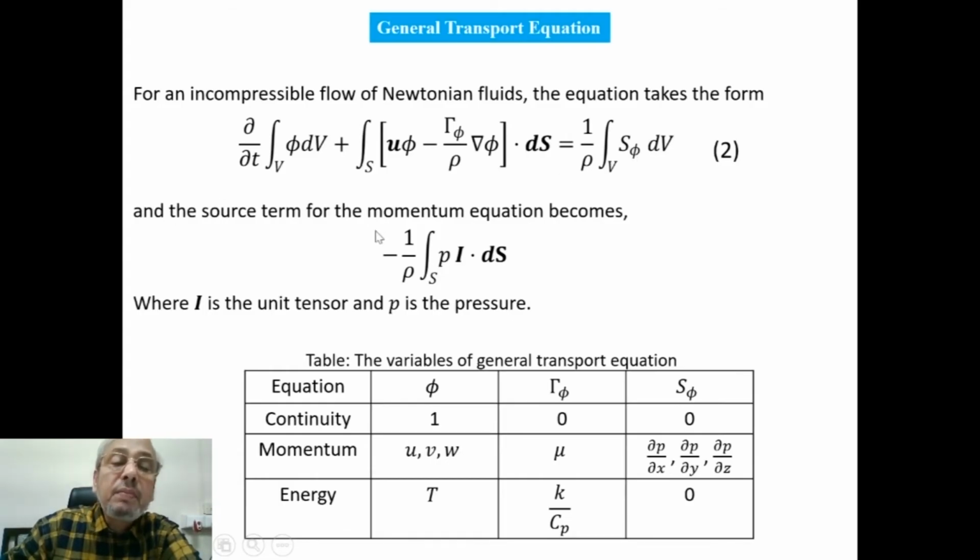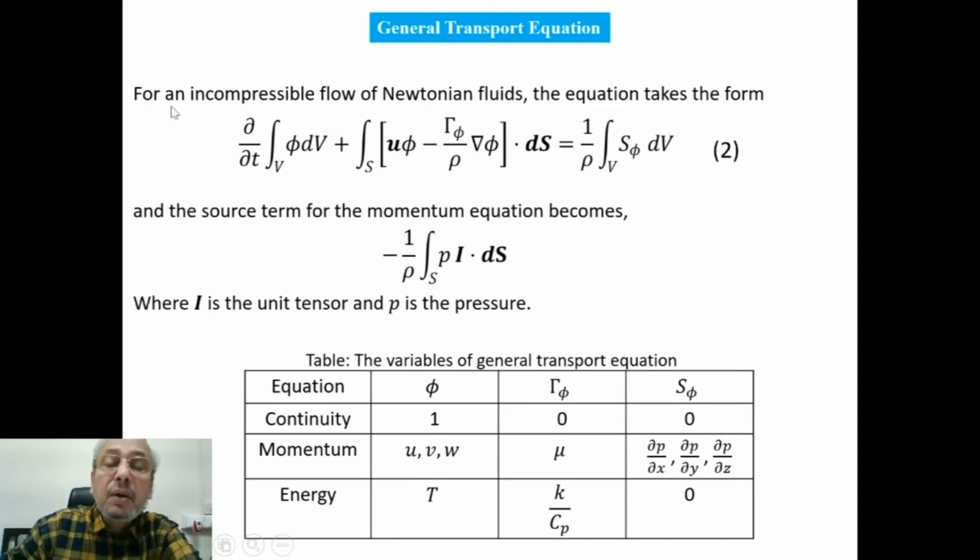And the source term, when we are considering this as the momentum equation, will be the pressure term. So this is 1 by rho surface integral of P into I. I is the unit tensor. It will be given by 1 0 0, 0 1 0, 0 0 1, dot dS.